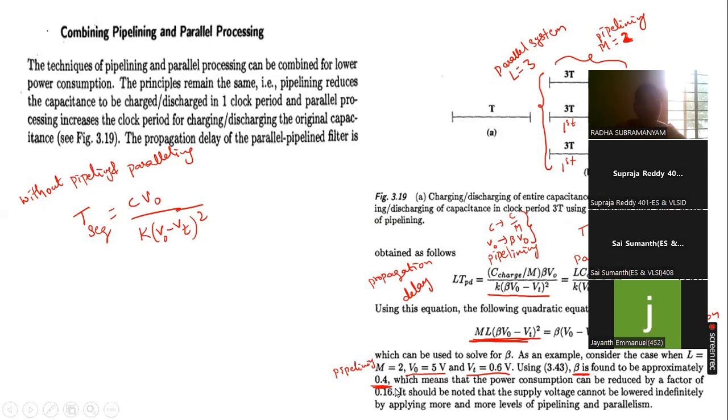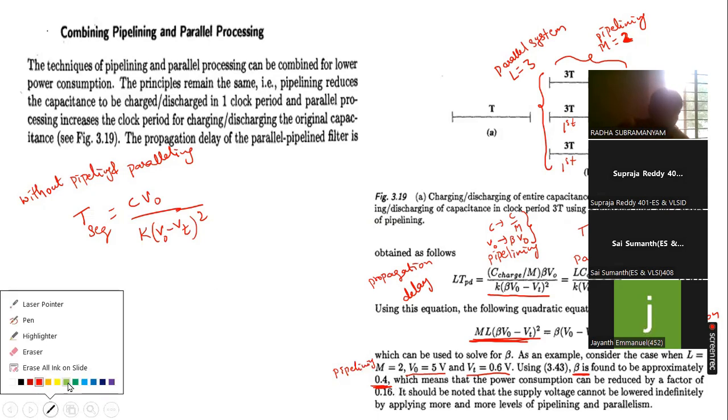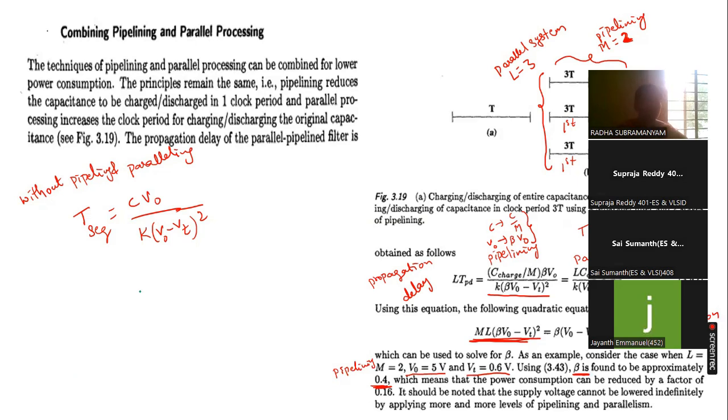Beta value 0.4. So next, when you go with the ratio, power consumption with pipelining and parallel processing, power consumption without pipelining and parallel processing. In previous problems, we came to see, it is beta square is the formula. So 0.4 whole square, which is 0.16.